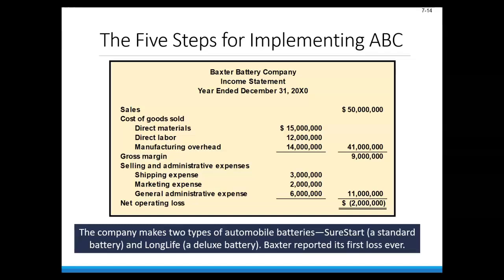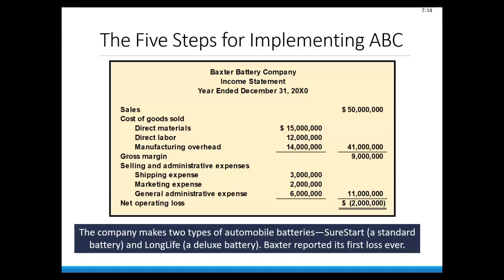So when we're looking at that manufacturing overhead of $14 million, again, remember, try to picture a standalone manufacturing facility that is 100% manufacturing focused, and every single thing that is going on in that location is going to be considered manufacturing overhead other than direct materials and labor.